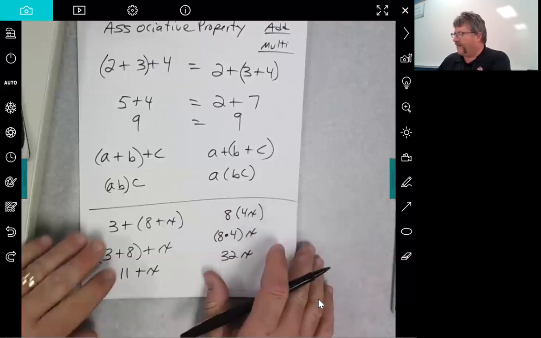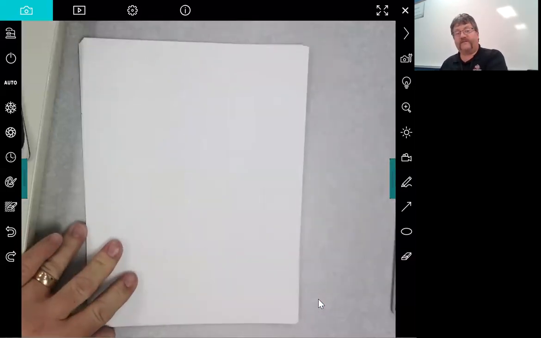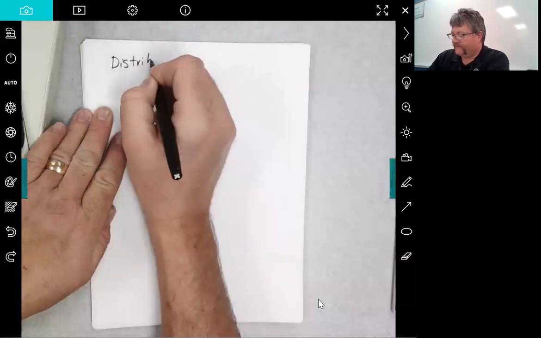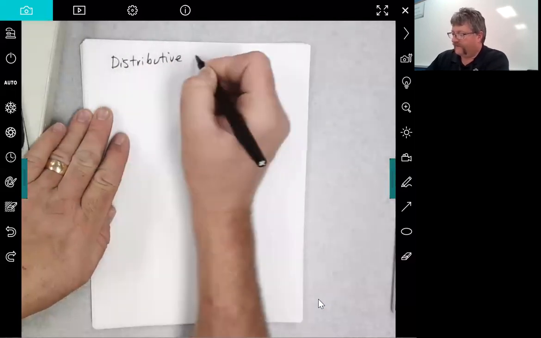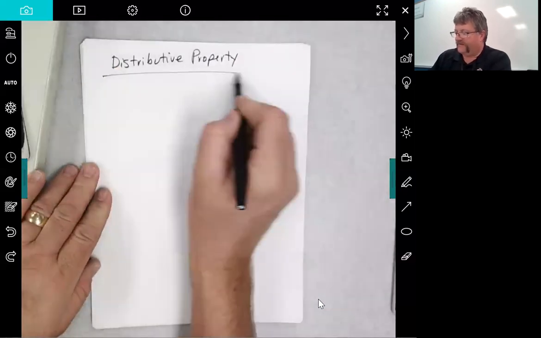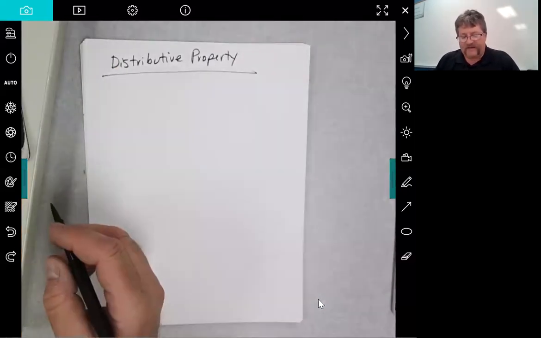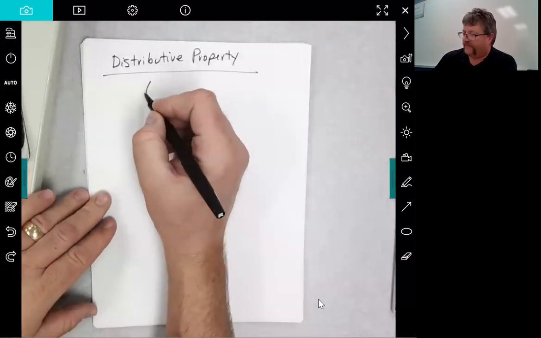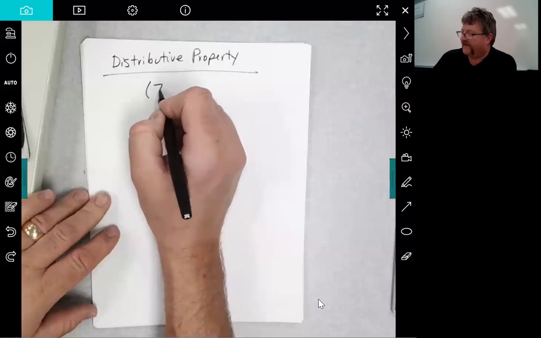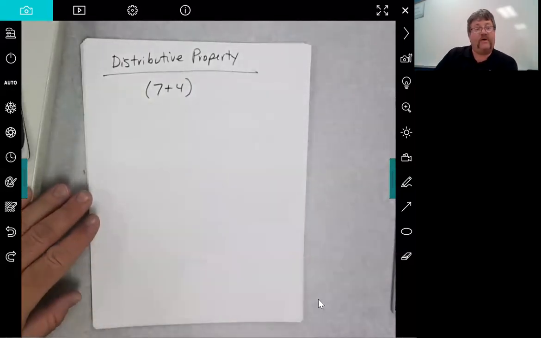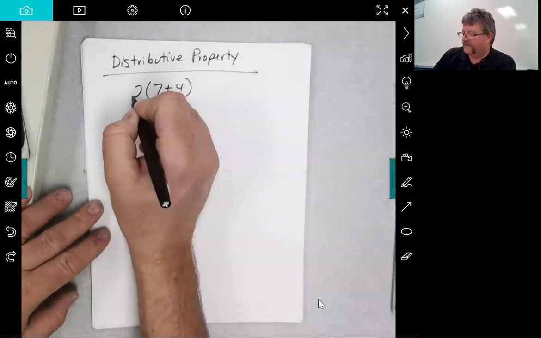All right, the next property, which we're going to use a lot, is called the distributive property. What's that saying? Well, if I've got some operation happening inside of parentheses, like I've got 7 plus 4, but now I've got a multiplication outside of that parentheses, like a 2.